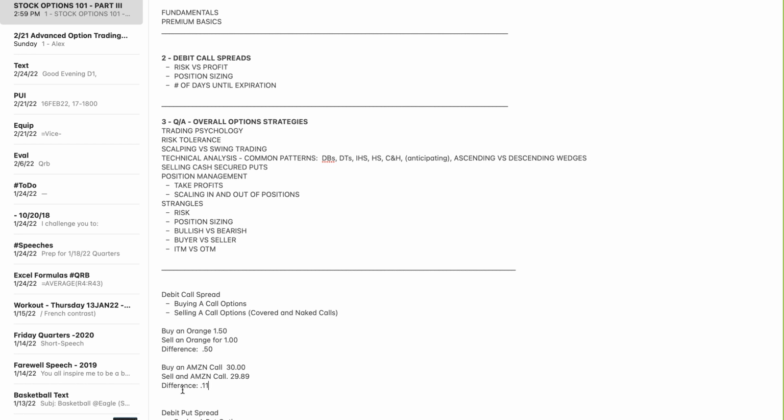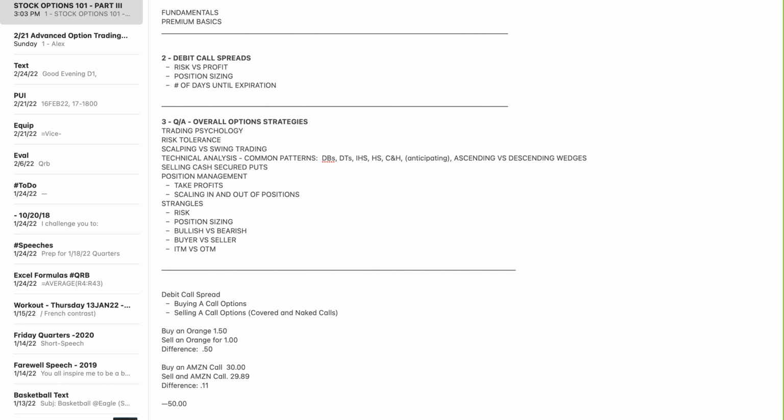So, what are the things that will cause a spread to increase in value? Well, it's very simple. If these go up in value, the spread goes up in value, right? Let's say that the price of that Amazon call goes up to like $5,000, right?